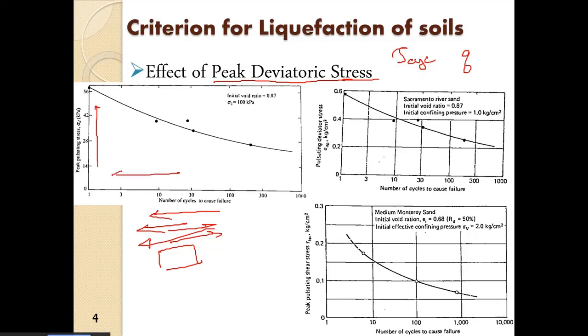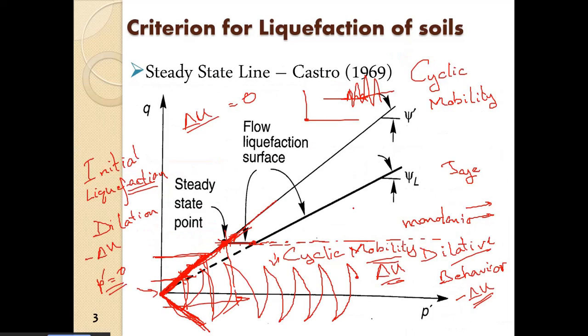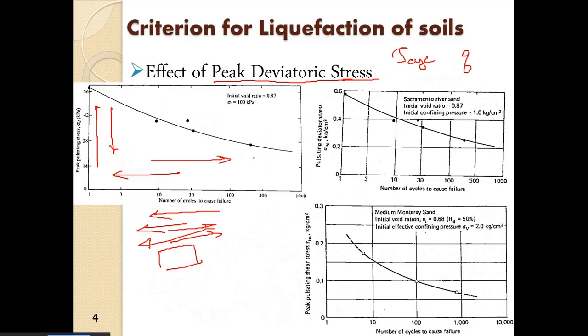Alternatively, as the pulsating stress decreases, we need more cycles to cause liquefaction. Obviously, I showed here also that if the shear stress is more, it will reach the state quicker. If it is less, more cycles are needed to reach the same state. So that is what is happening here. All right.